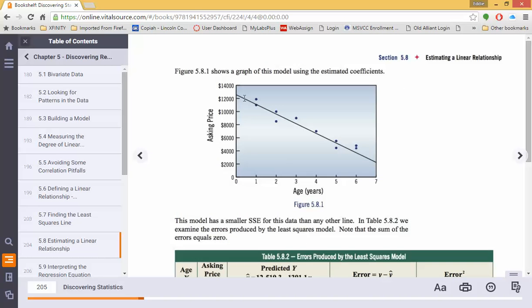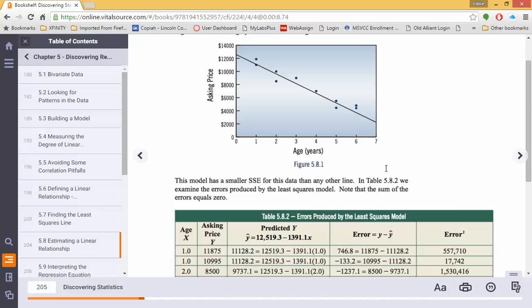And so here's the line that they come up with. Notice the years are on the x-axis, that's where our age is. The price is on the y-axis. Each one of these points represents one of those classified ads. You can see here's the y-intercept at 12,000 something.